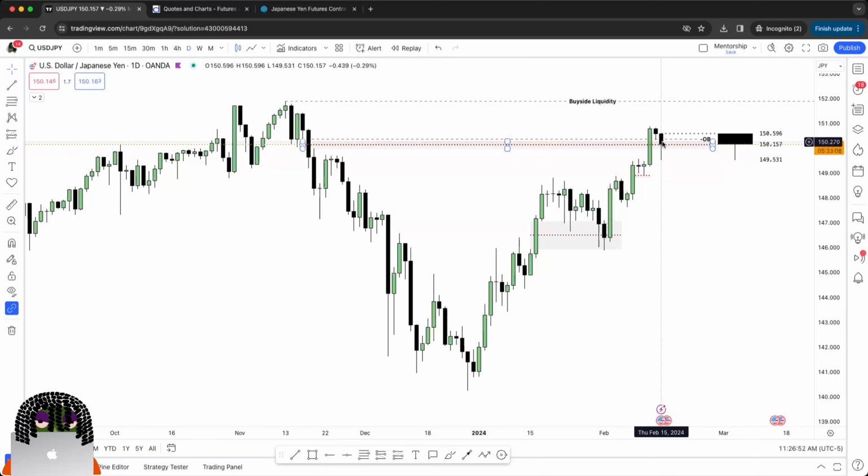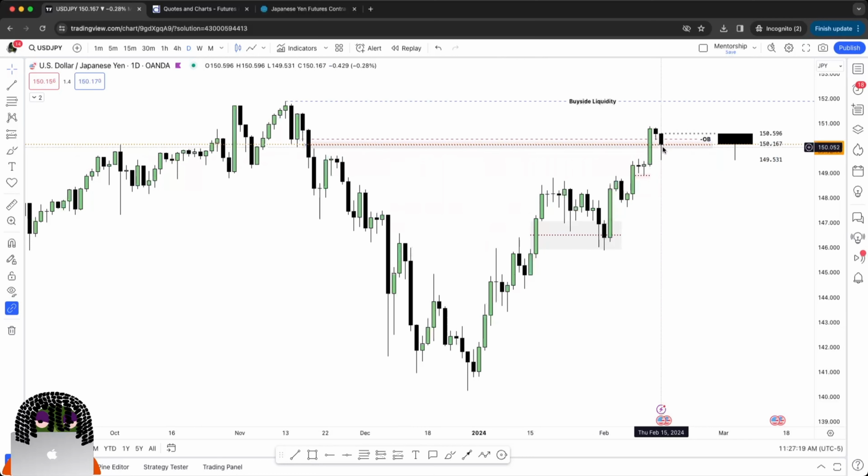So what I'm expecting, like I said in the video that I posted on USD JPY, I expected it to trade up here. It was all the way down here at the time. I expected it to trade here, and if it traded here, I expected it to trade up into here, which is the order block, and it traded past it.